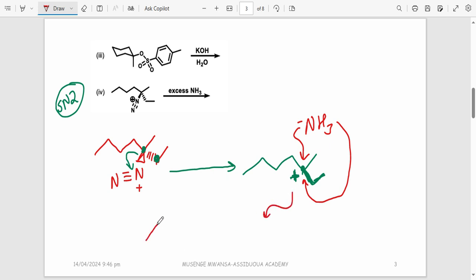So I'm going to use one. When it comes to attack, let's say it attacks from the back. There we have nitrogen, bonded to three hydrogens. Let me write it on top, because there's no space here.